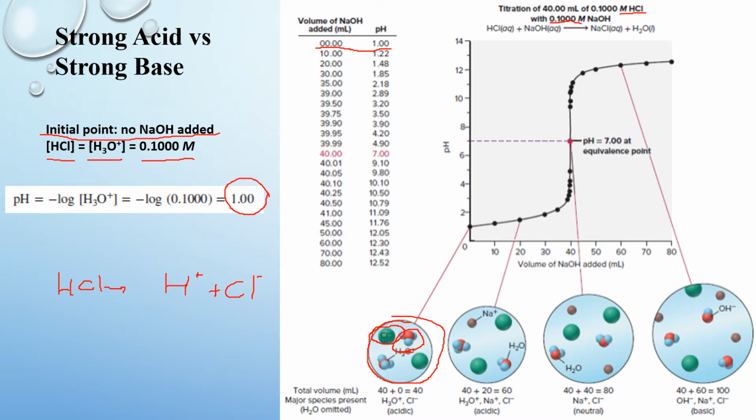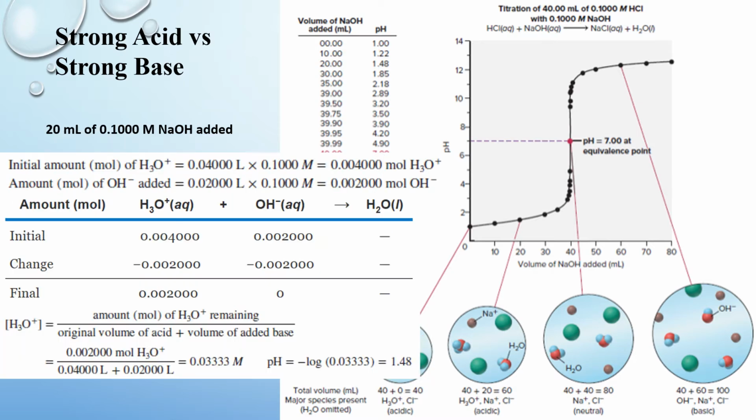So the initial concentration is equal to the concentration of the acid. That's pretty simple. Now, let's start to add some base into the acid and see what happens.